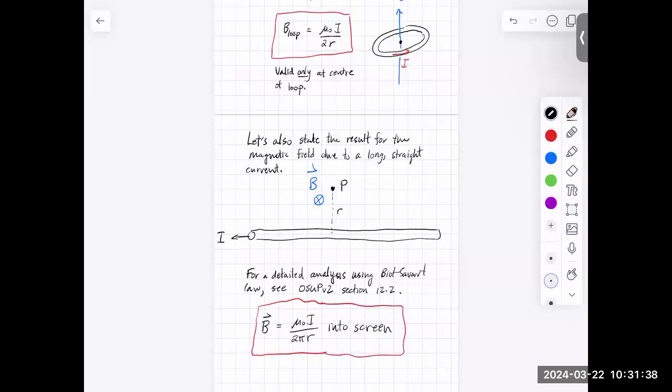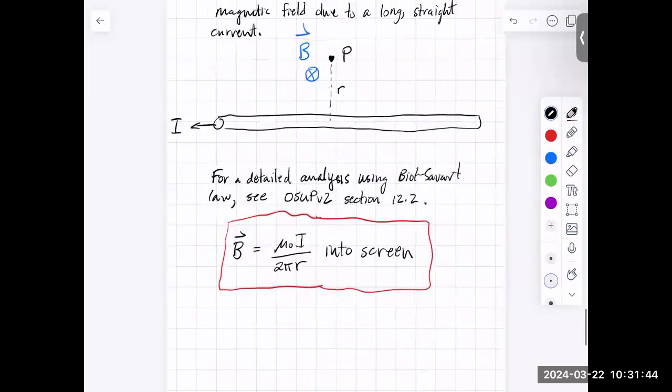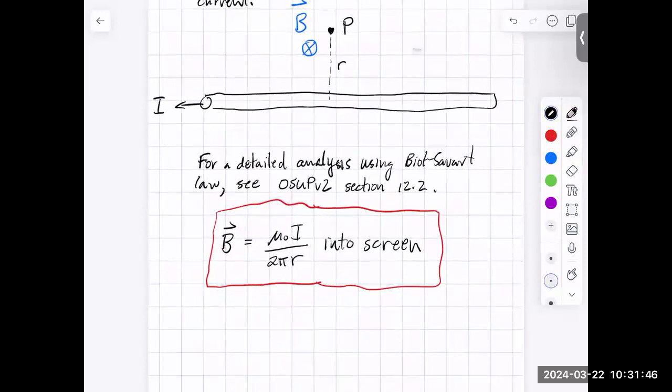Okay, good. So the other thing that I want to do today is we now have found that moving charges or currents create magnetic fields, and we have some ways to calculate what those magnetic fields are. We think back to point charges, and they created electric fields.